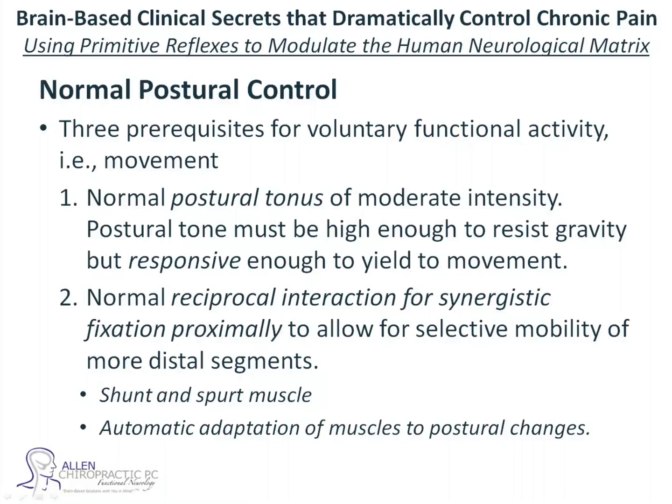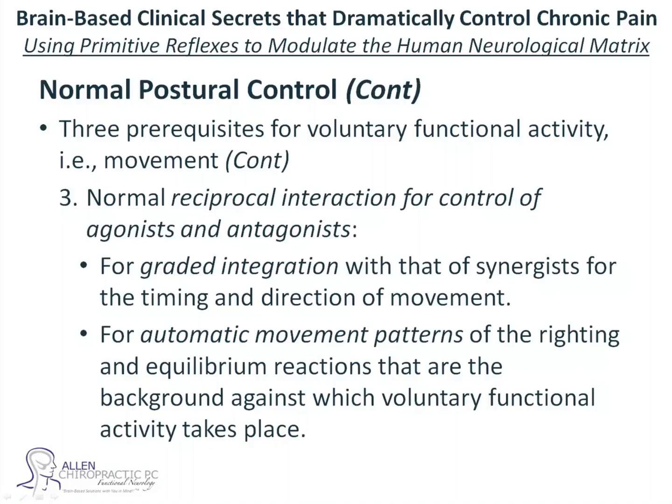But if you have a breakdown of the shunt stability of the centerline spine, then you're going to have a breakdown of centerline structures cortically, and that's what will allow for the presentation of these postures inside of normal movement. And then there's automatic adaptation of muscles to postural changes, like as if to catch your balance, for example.